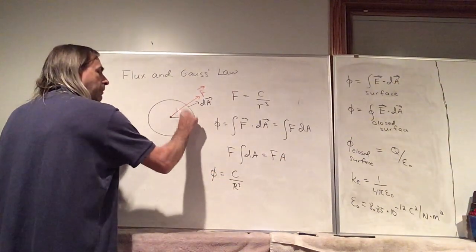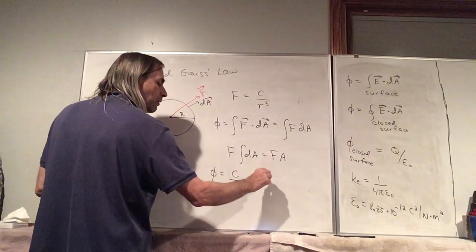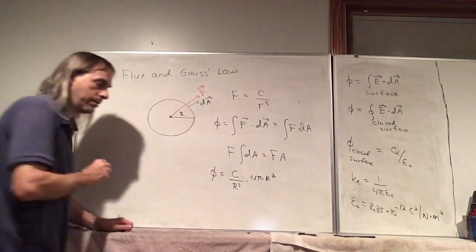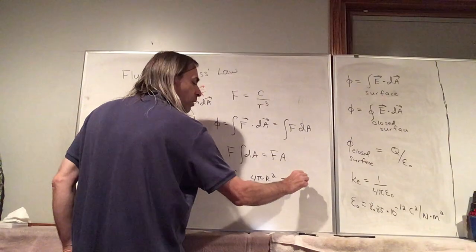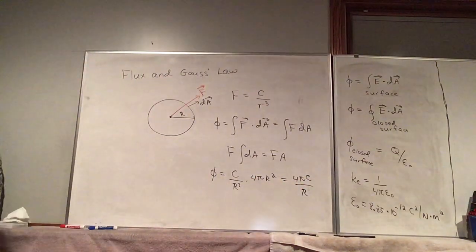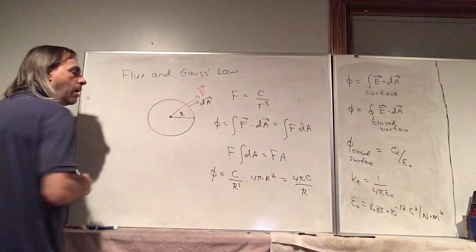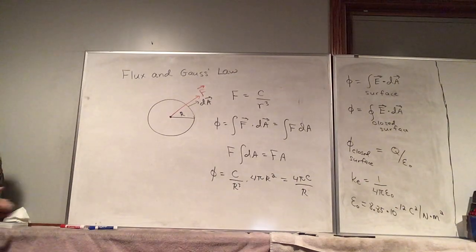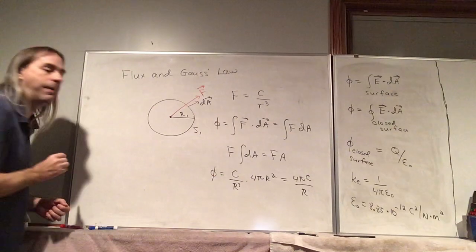Let's just call it R, we don't need this 1. Times the area, which is 4 pi R squared. And so here we have a constant 4 pi C, but now we have divided by R. And so the flux through this surface at a radius R, if we draw another surface, let's call this S1, and I'll put this R1 back.